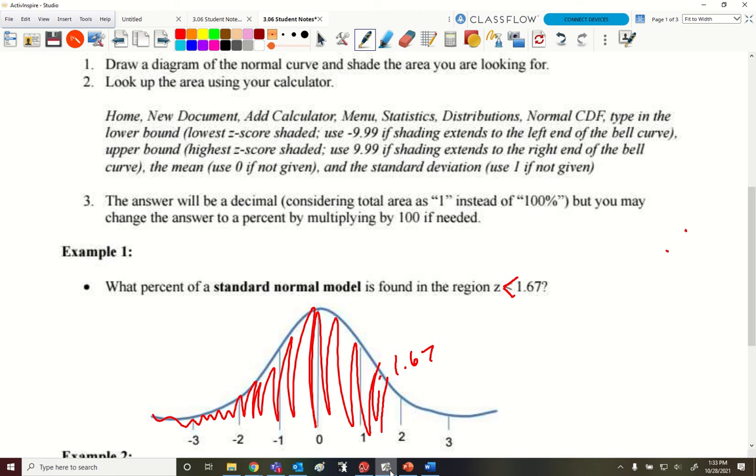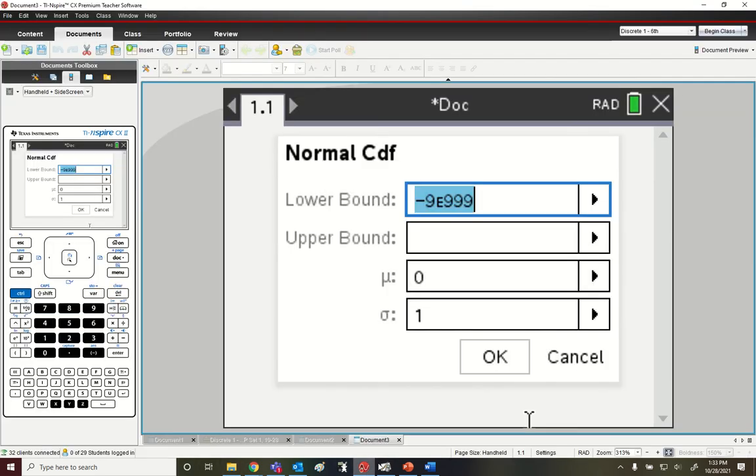What's the note say if I'm going for the lower bound? What's it say in the notes? Very good. Yeah, so it says use negative 9.99. So it says that right there in the notes, you're going to use a lower bound of negative 9.99.